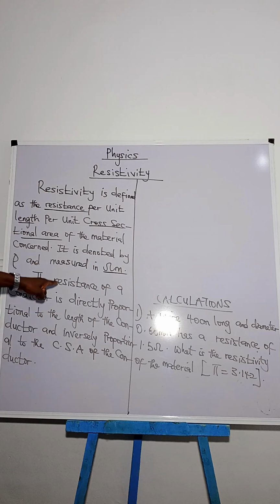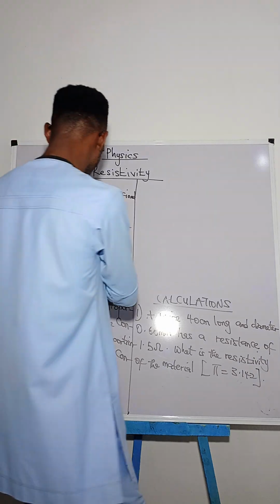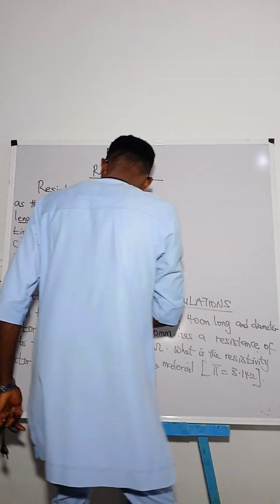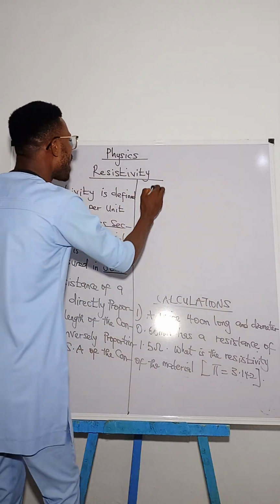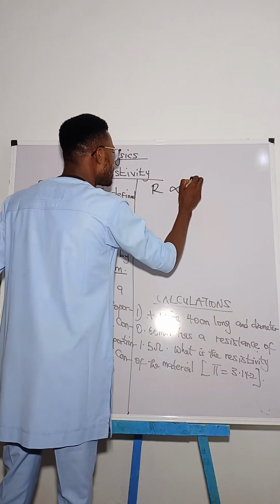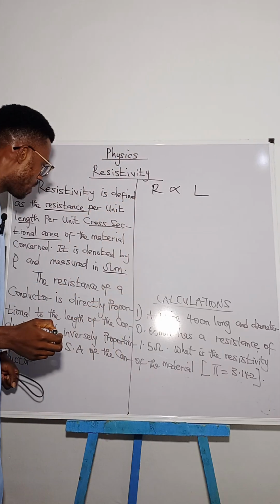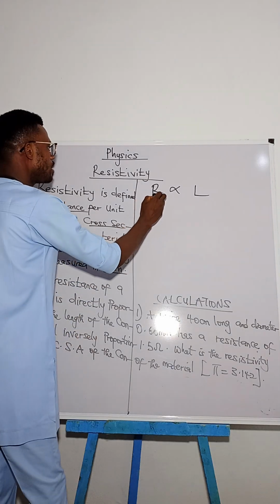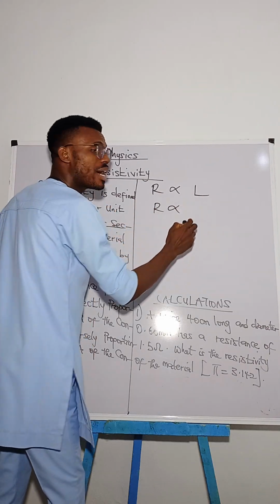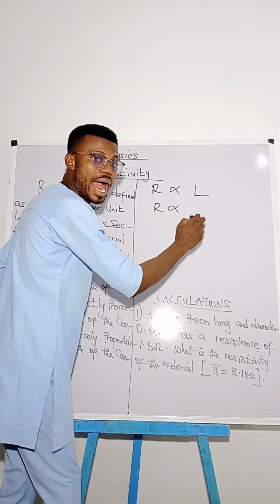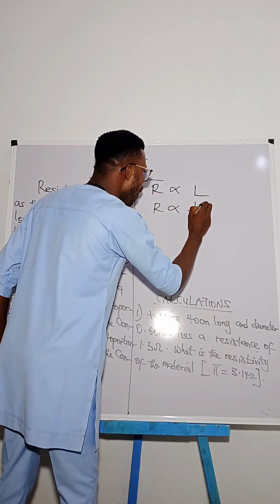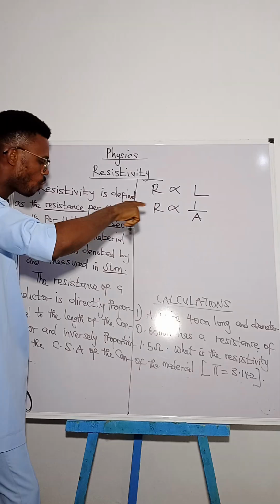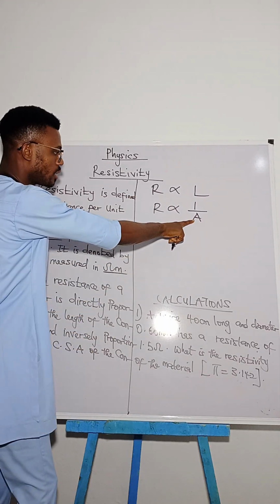So we say the resistance R is directly proportional to length L, and inversely proportional to the cross-sectional area. Inversely means 1 over A. Cross-sectional area, the same thing as area.